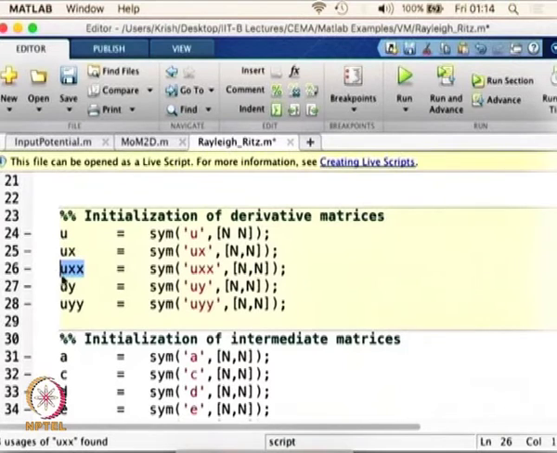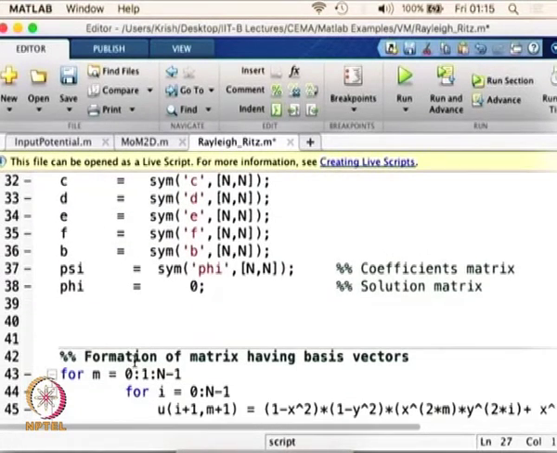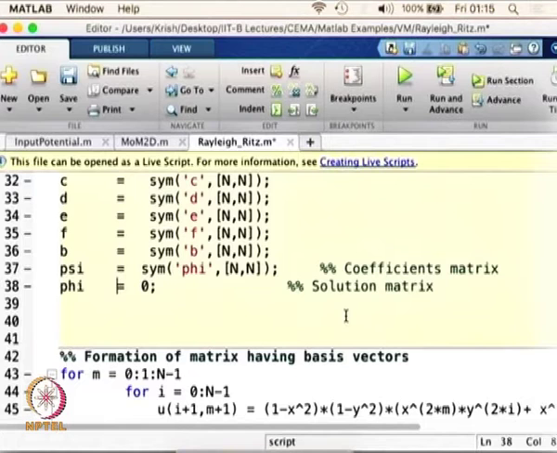Our goal is uxx and uyy, but to get uxx you have to derive ux, and to derive uyy you have to get uy. You are initializing some intermediate matrices, and the coefficient matrix is going to be C and the solution matrix is going to be phi. Initially you set the solution to be 0, so this is the way we start the problem, and when we simulate the problem the solution will be different.